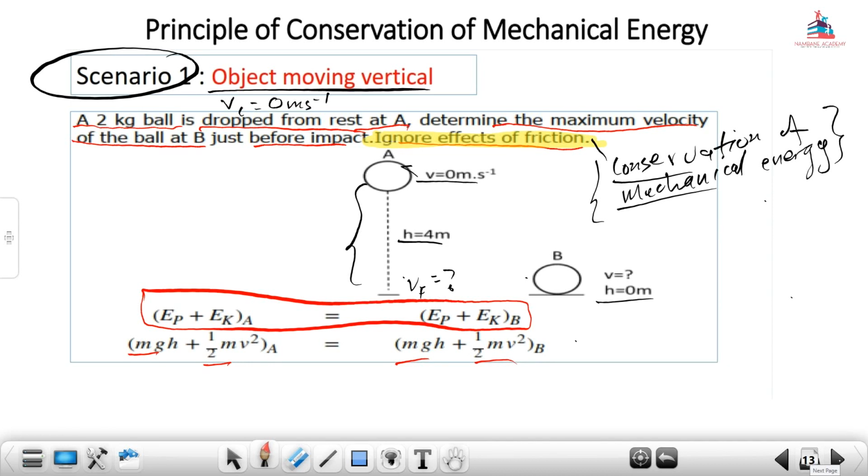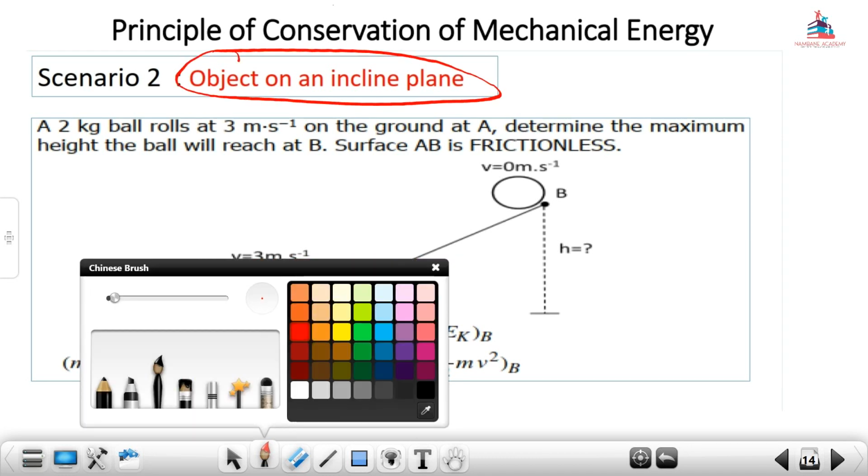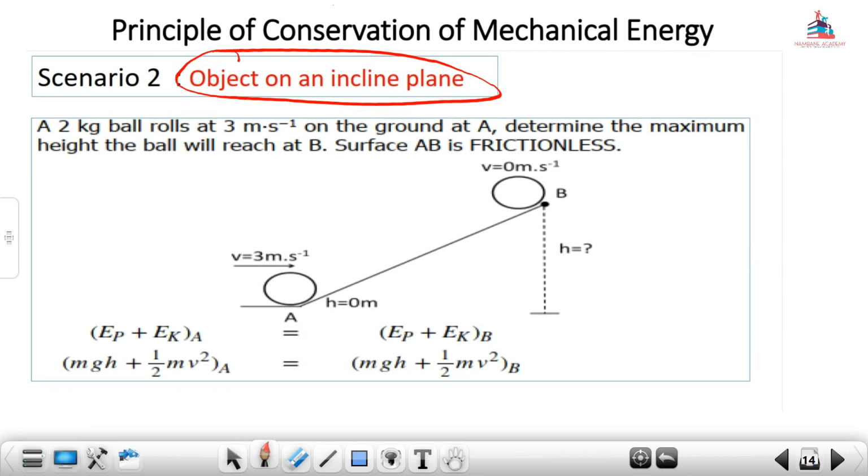Let's move now to scenario number 2. Scenario number 2 is now for an object that is on an inclined plane. So for an object that is on an inclined plane, obviously we have the top and then the bottom. But the question should be, will I be able to apply the conservation of mechanical energy here?